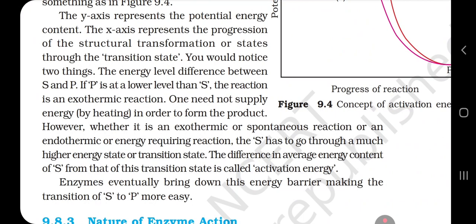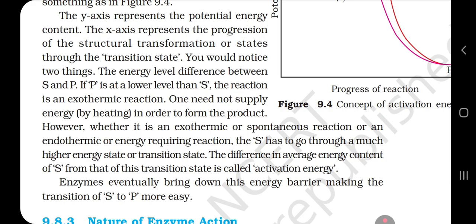The y-axis represents the potential energy content. The x-axis represents the progression of the structural transformation or the states through the transition state. You should notice two things. The energy level difference between the S and the P: if P is at a lower level than S, the reaction is an exothermic reaction. One need not supply energy by heating in order to form the product.